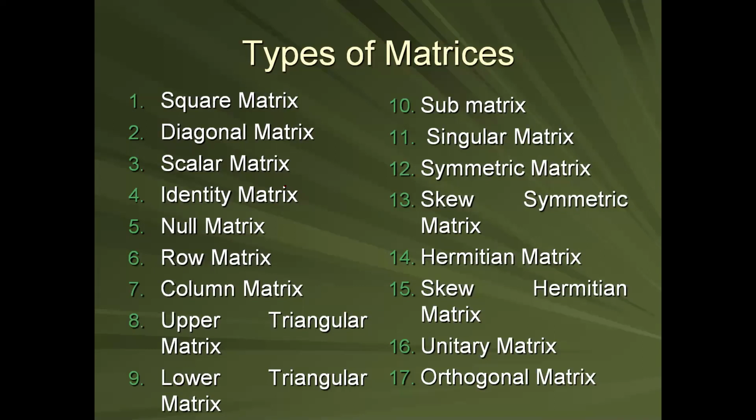One by one we will see all these matrices, and to learn the last matrices, from 11th to 17th, you need to know some other concepts, so that also we will cover. Have you heard these words? How many of these matrices are known to you? Look at these names and write how many are known to you.